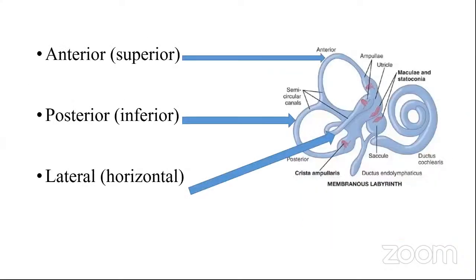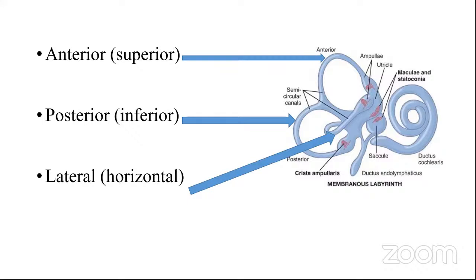So here you can see the anterior, otherwise called the superior. The superior is also called anterior, then posterior or inferior, then lateral or horizontal. These are the three semicircular canals.